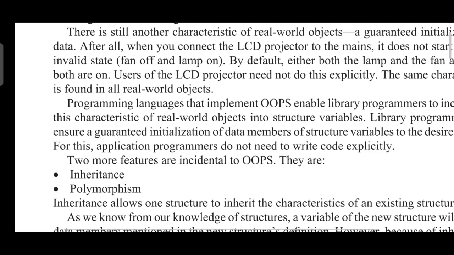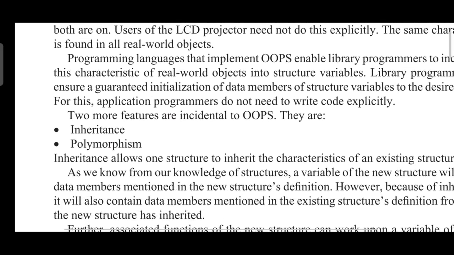So creation of the object from the child doesn't make any difference. That means no need to write the property from the parent once again. You can easily access them. That is the meaning of inheritance. Then polymorphism, which lets us have multiple methods for a common interface. So single interface, multiple methods, that is the definition of polymorphism.